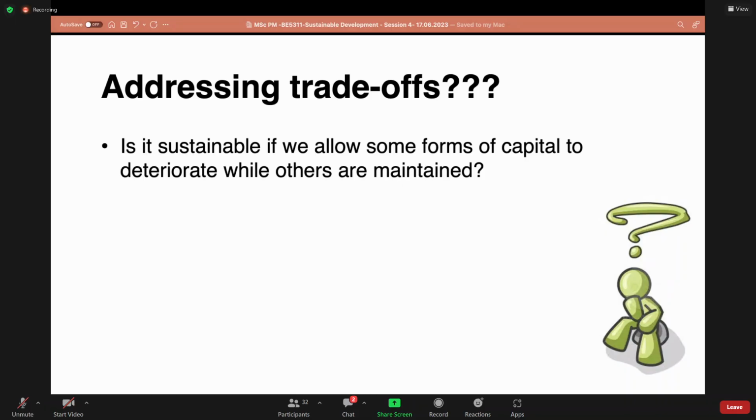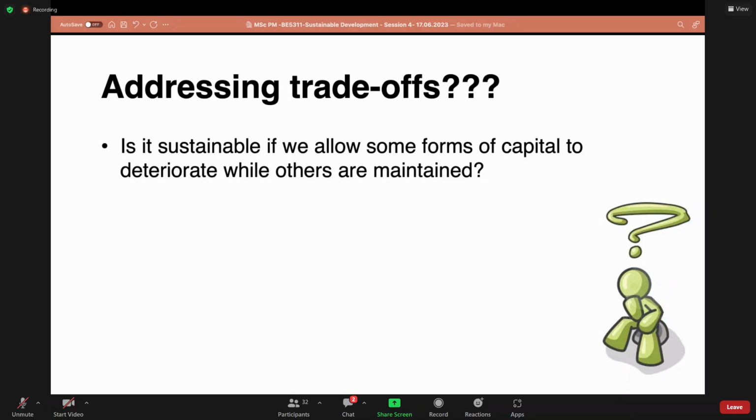So I think last time we talked about different conceptualizations of sustainable development, and one of them was this capitals model of sustainability. So in there, this idea of addressing trade-offs, they look at it in a certain way.